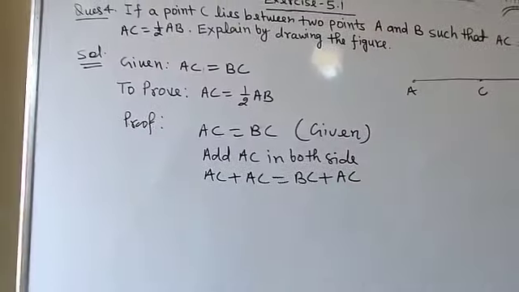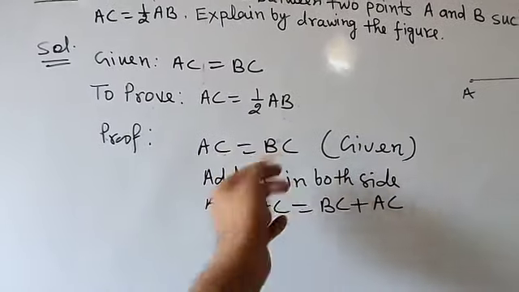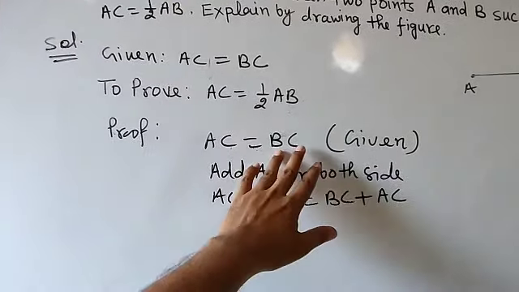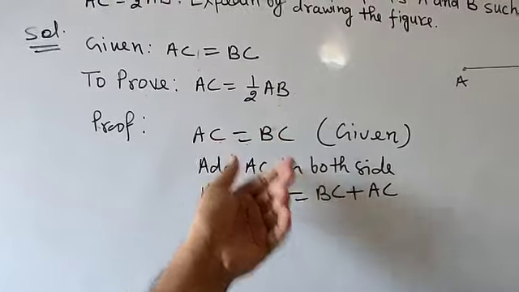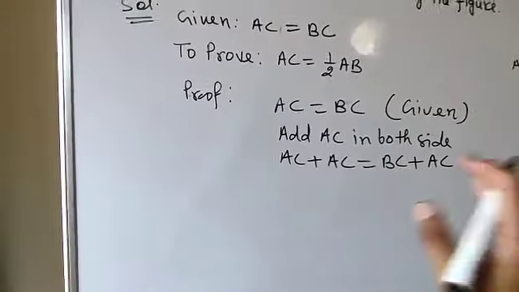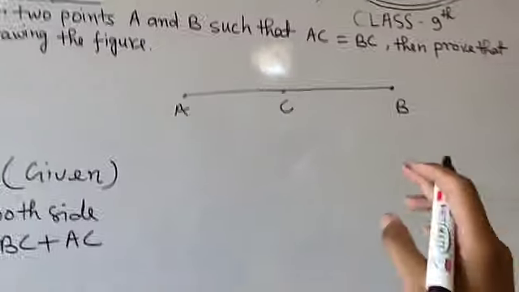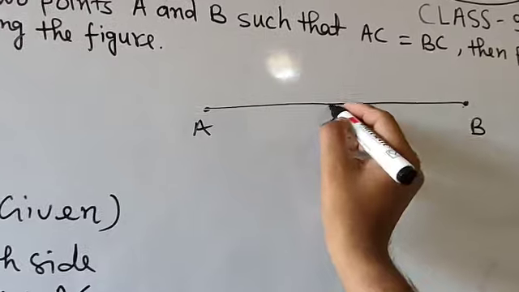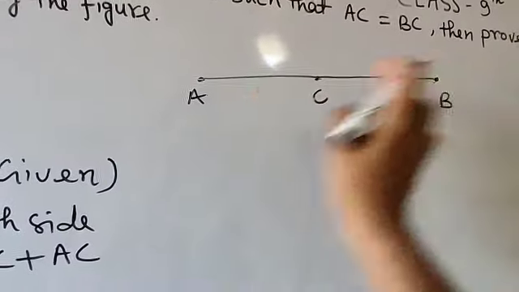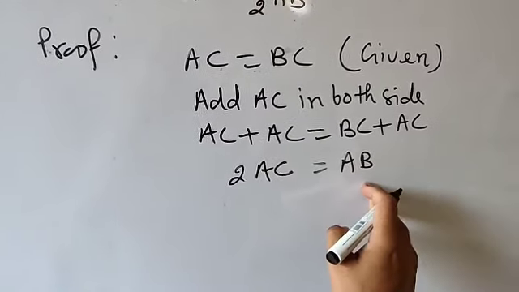Students, in the Euclid axiom it was given that if two things are equal and you add equal amounts to both, then both will again be equal. Here it is given that AC and BC are equal, so after adding AC to both, they remain equal. So AC plus AC equal to 2AC, and BC plus AC, from the diagram, equal to AB.